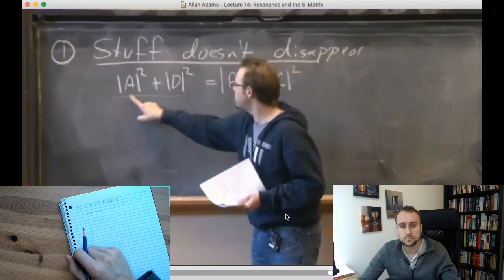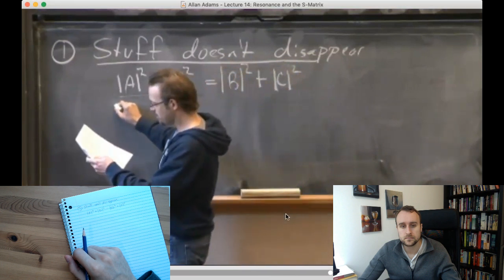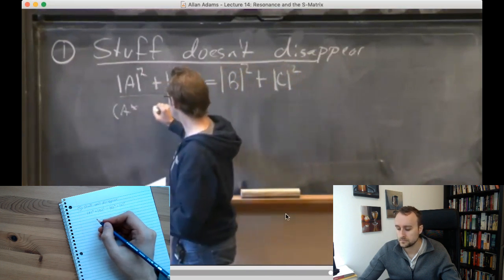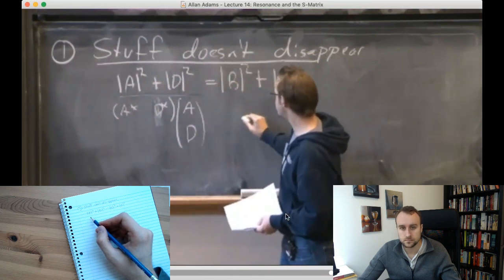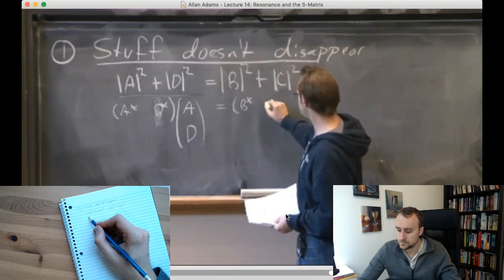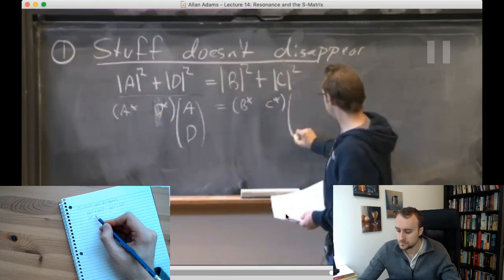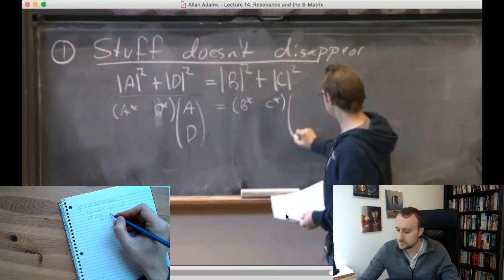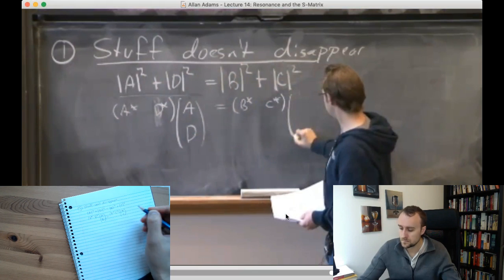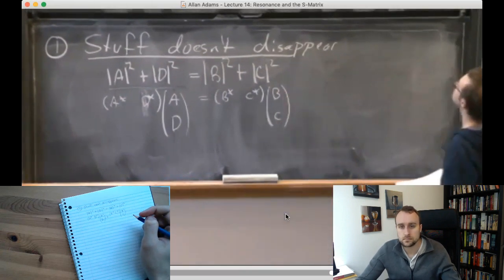Good. So let's think though about what this is. I can write this in the following nice way: A complex conjugate, D complex conjugate, times A, D, and on the right hand side, this is equal to B complex conjugate, C complex conjugate, times B, C. I've done nothing other than write this out in a suggestive form.